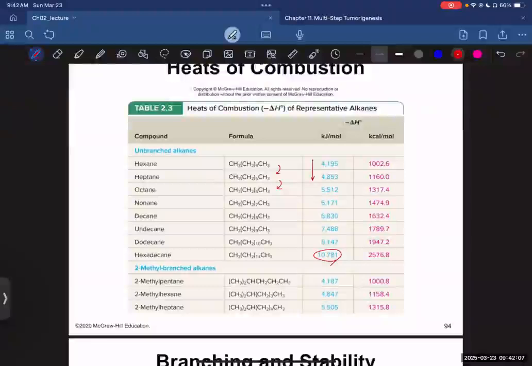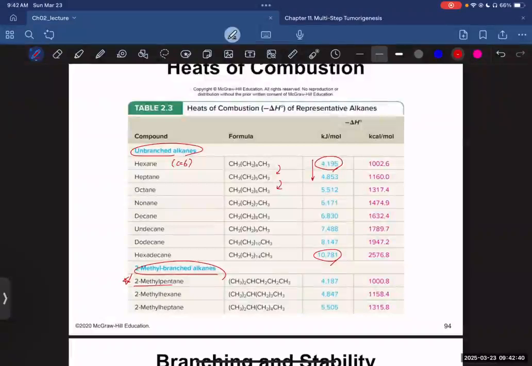Now, if we compare unbranched alkanes as opposed to branched alkanes, they found that those that are branched are going to be much more stable compared to those that are unbranched. So if we look at hexane, it has 6 carbons, and its heat of combustion is 4,195.